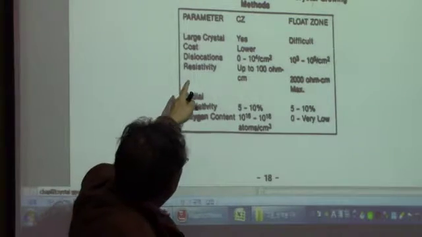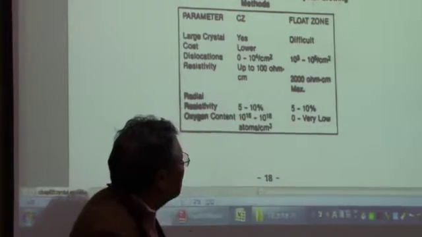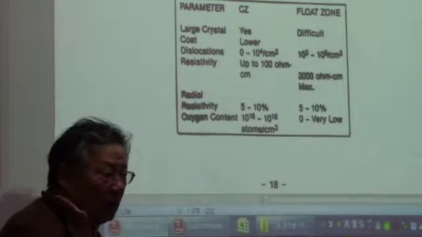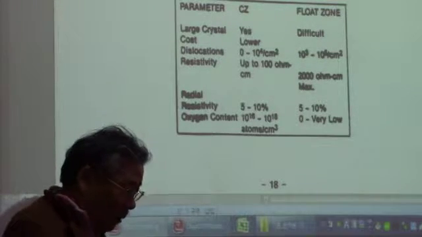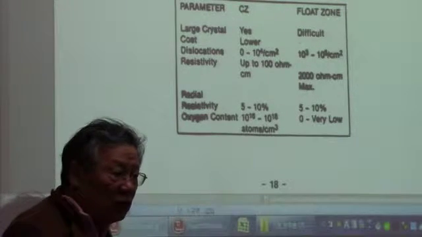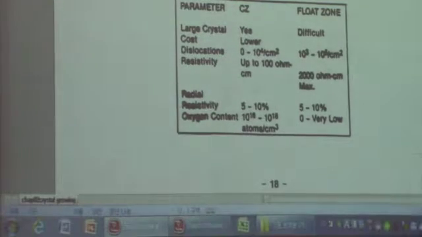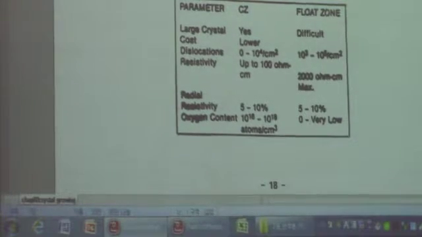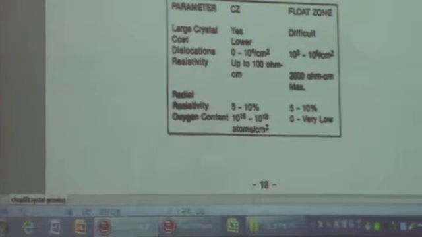And here the large crystal Czochralski is possible, but the float zone is difficult. If you want to make big wafers, then the heating zone should be big, should have a large diameter. And in that case, you have a rod here, and then the heating zone forms like this, okay?